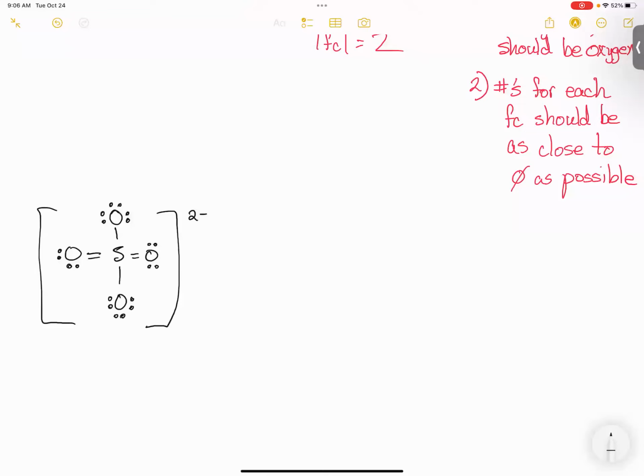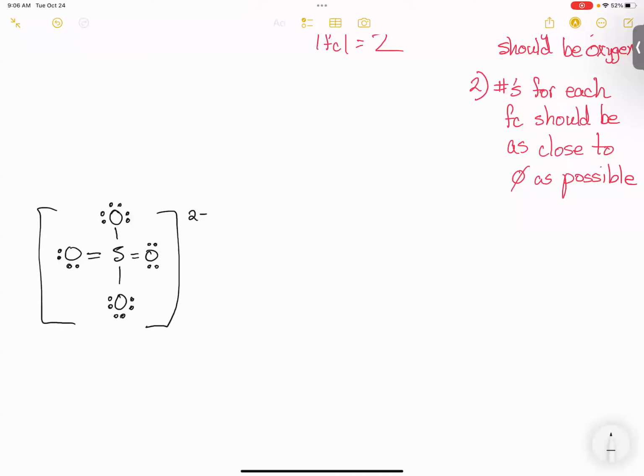Resonance will be necessary if you make a conscious decision as to which outer atoms share a pair of electrons with the central atom, but you could have made an equivalent choice.